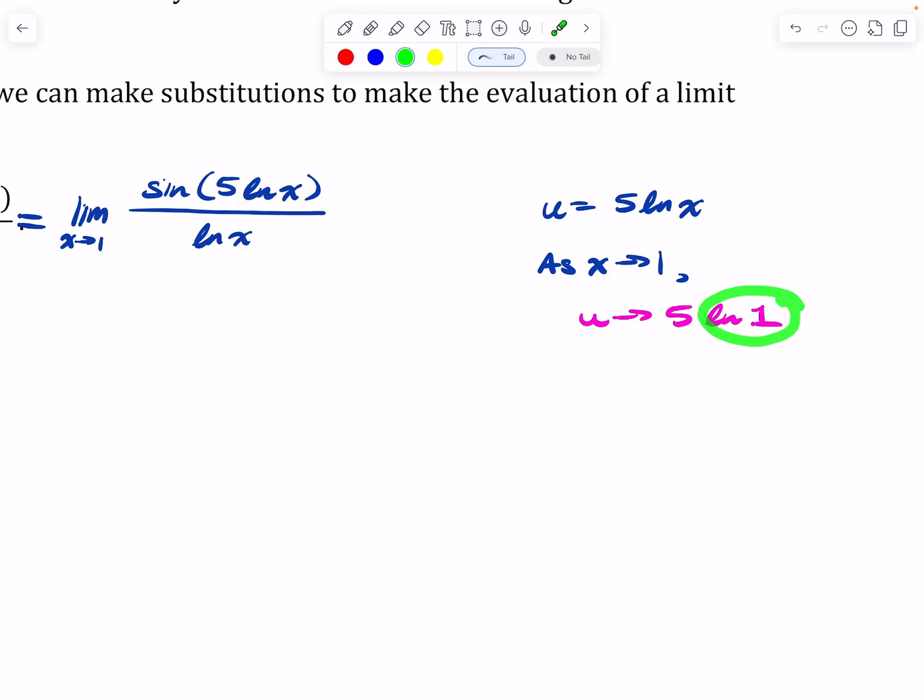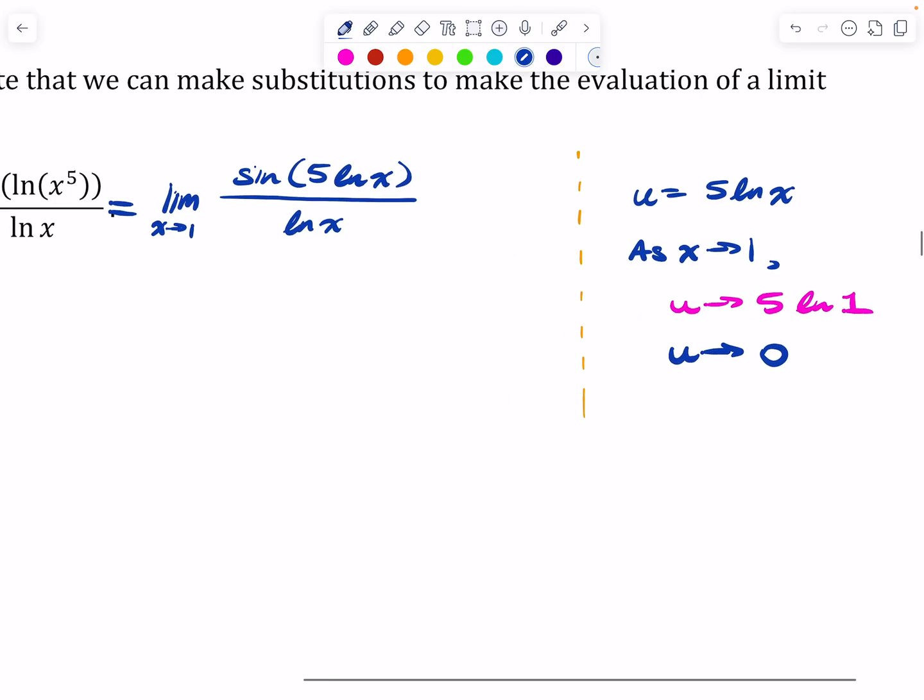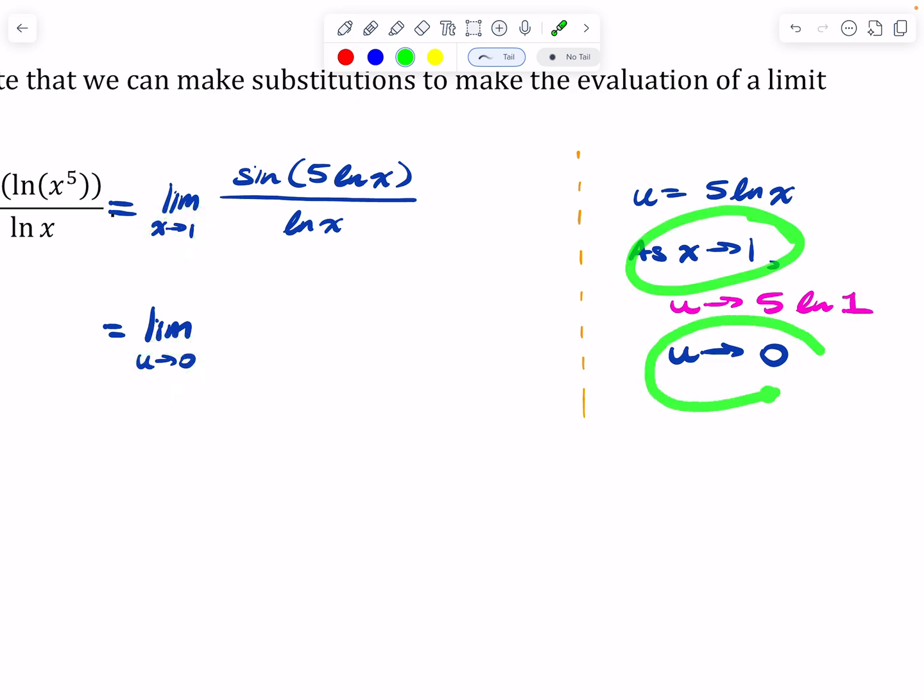And because ln 1 is 0, 5 ln 1 is also 0. So that allows me to rewrite this limit. As x approaches 1, u approaches 0. So that change has been made, because as x approaches 1, u approaches 0, just based on this definition of u.